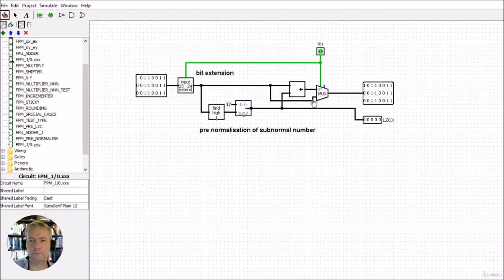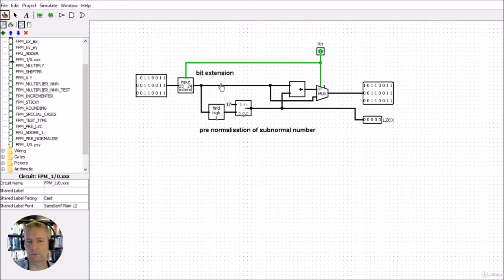Now, if that wasn't the case and it chose the different route, then it would come down through this route here, and we would get this if we were doing the pre-normalization of a subnormal number, and we would be getting the leading zero count as well, and the route would have been down through this route and then out, but it isn't because we've got a normal number.